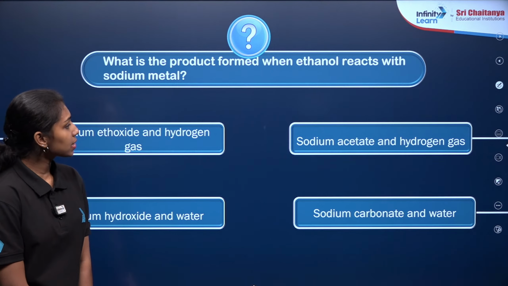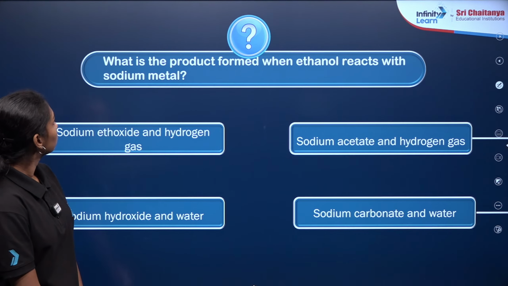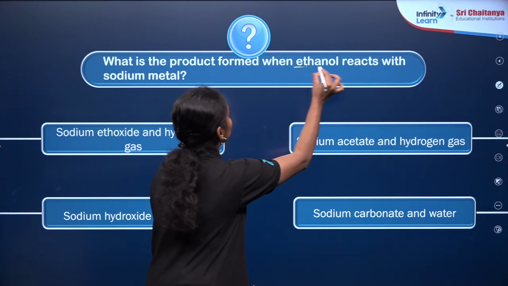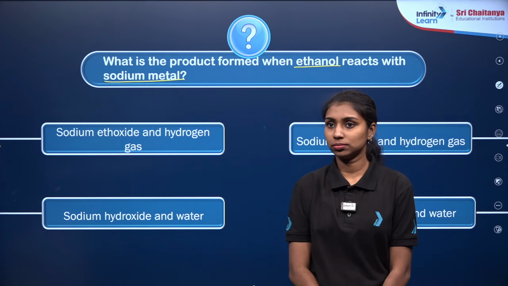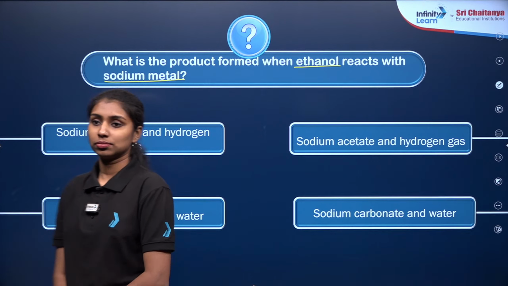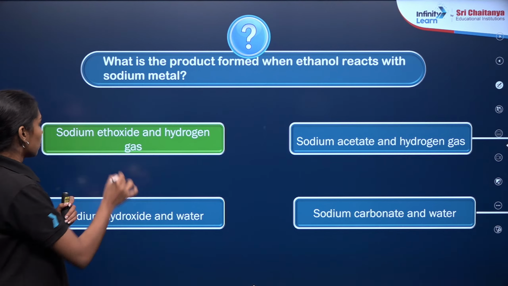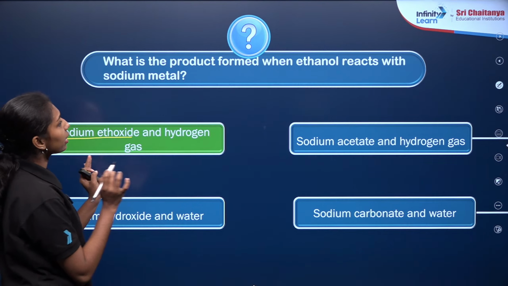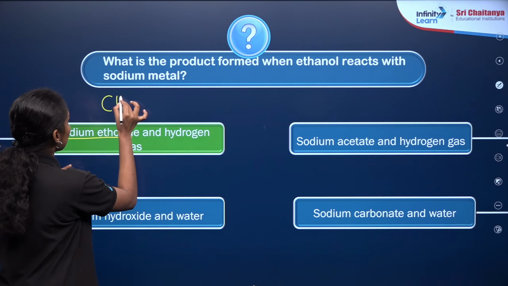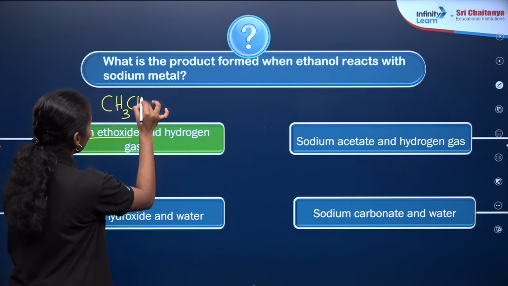Are you sure about the answer? Here the answer is sodium ethoxide plus hydrogen gas. So what is the reaction here? Ethanol, CH3CH2OH or C2H5OH, right?